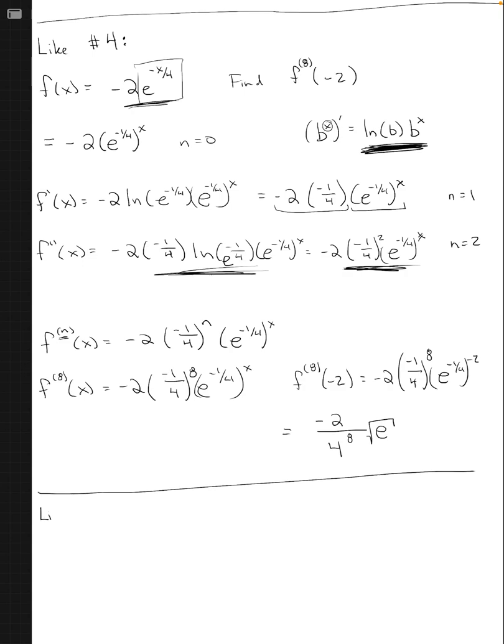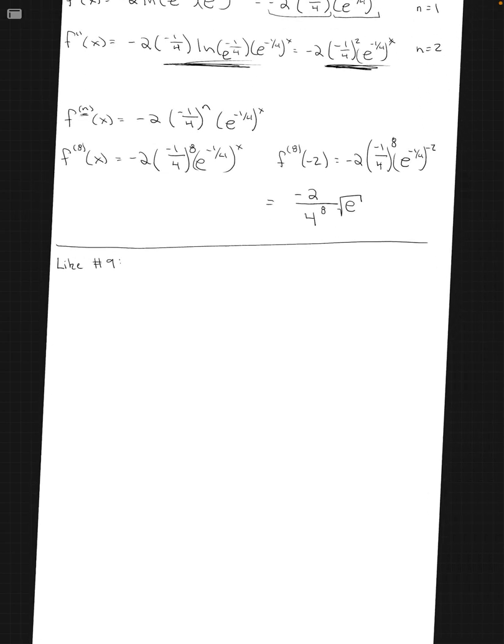So next up, we jump to number 9. That one we had f of x equals a polynomial times a trig function, and it wanted us to find f prime of x.